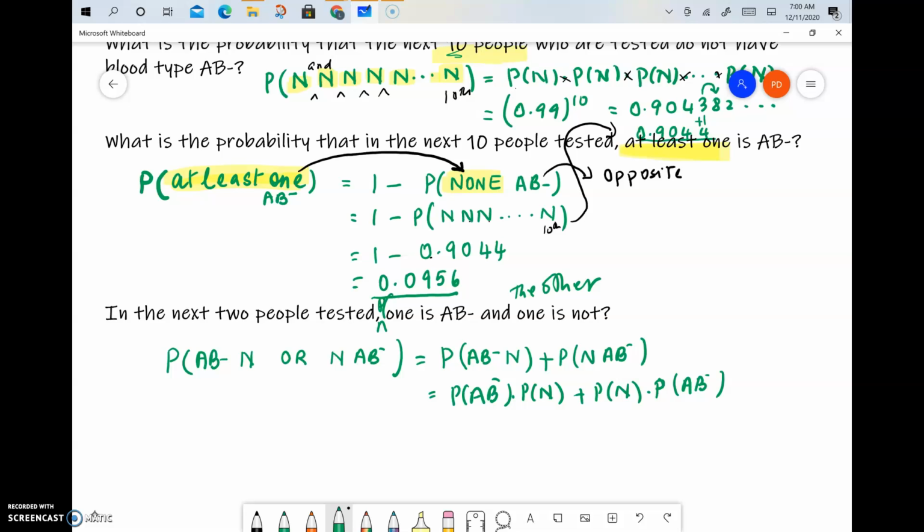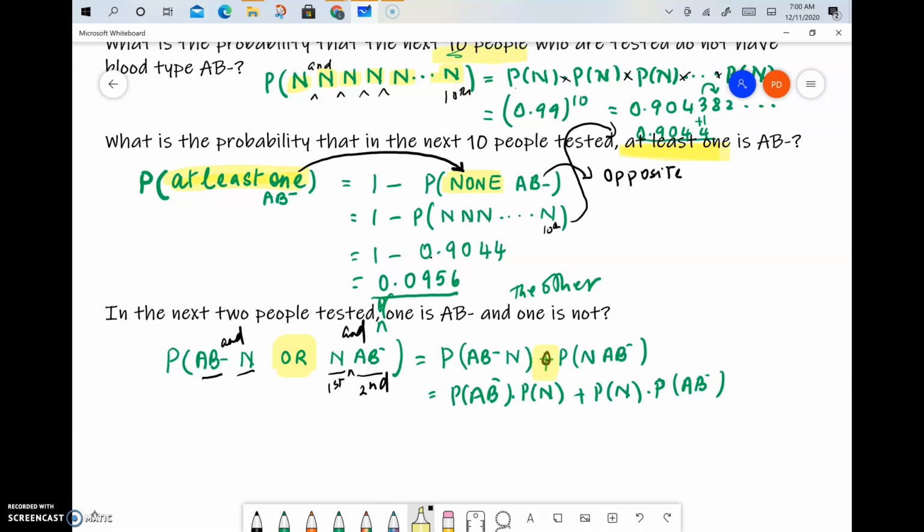Therefore, we have to consider two possibilities. The first is AB negative and the second is not, or the first is not AB negative and the second is AB negative. The word or goes with addition, right?